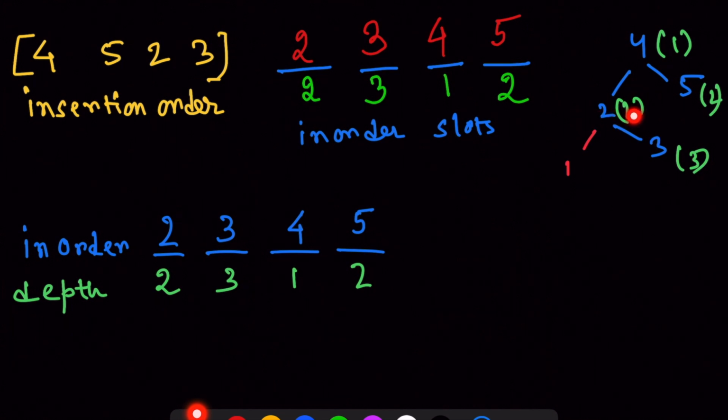So the larger depth one will be the parent because the smaller depth one has come before, right? And this larger depth node has come just before this current node, right? So we will check both the left side and right side and just take the node with maximum depth. That will be the parent of the current node. So its depth is 2, the depth of 3 will be 3.